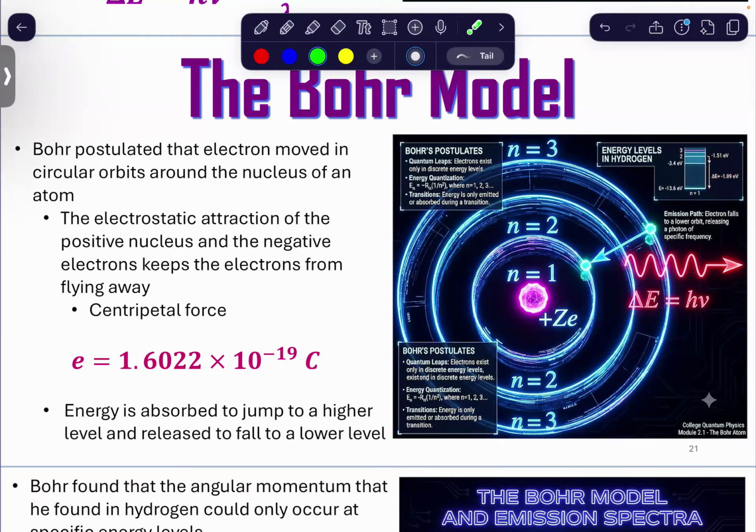Z is your atomic number, so the number of protons. e is the elementary charge, so it's a measure of how much positive charge is in your nucleus. And of course, for the Bohr model to work and for electrons to not just fly off into space in a straight line, they have to undergo centripetal force holding them in their circular orbits around the nucleus.